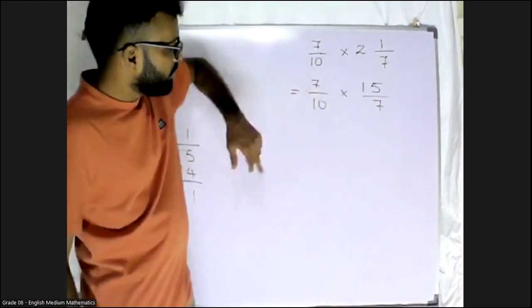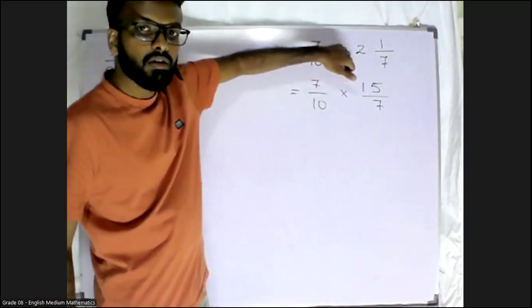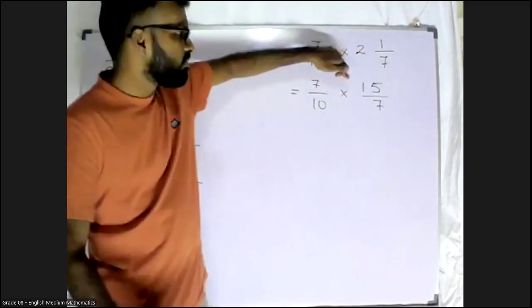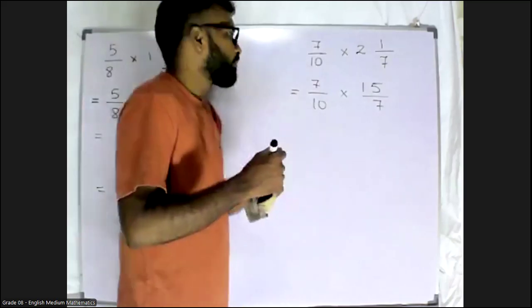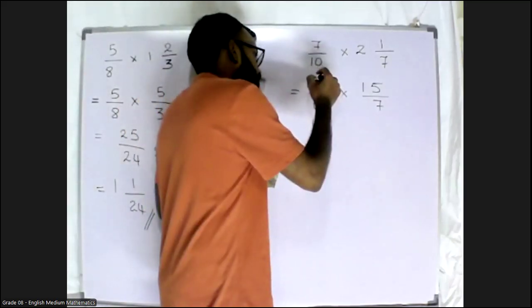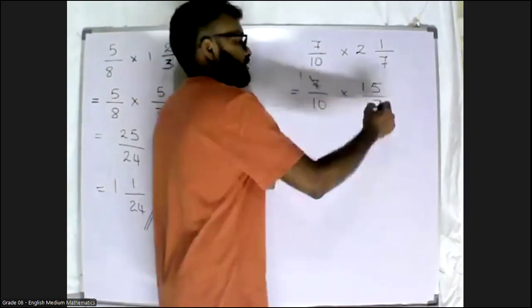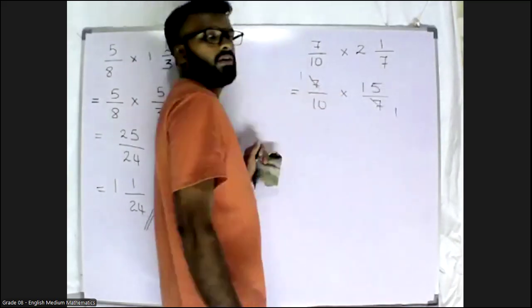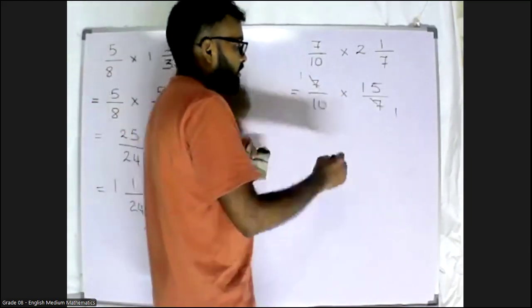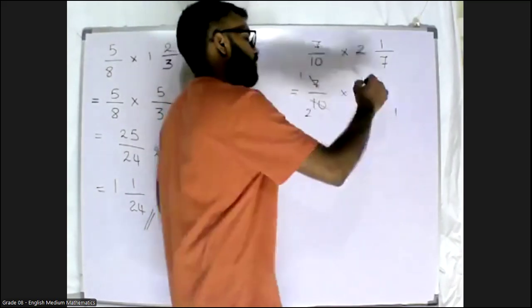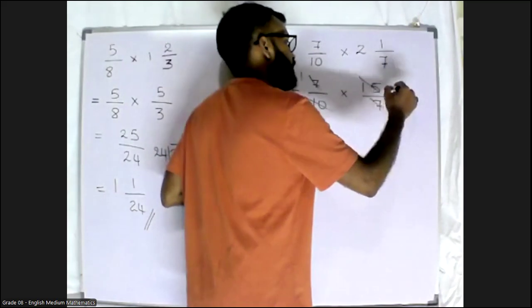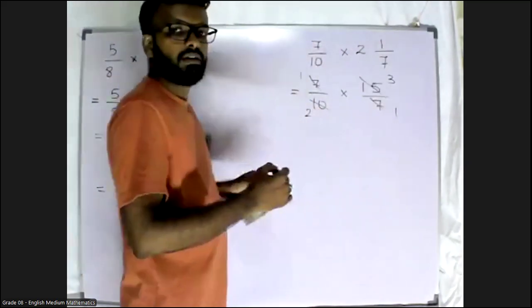7 and 7. 10 and 15, right? There is a common factor, which is 5. I will simplify. 7 times 1, 7 times 1. 5 times 2, 5 times 3.